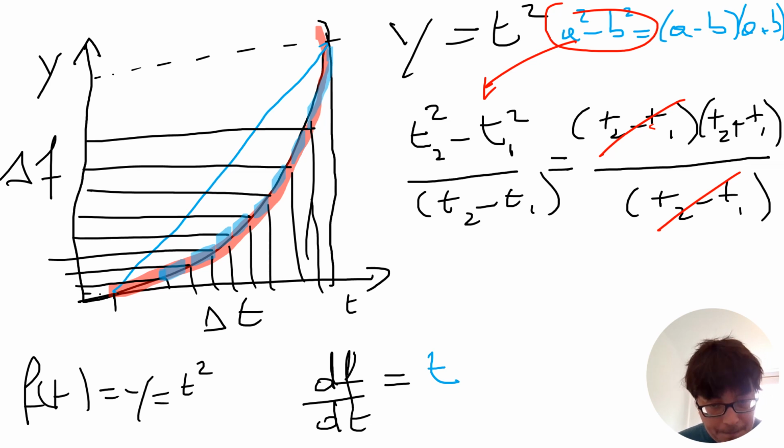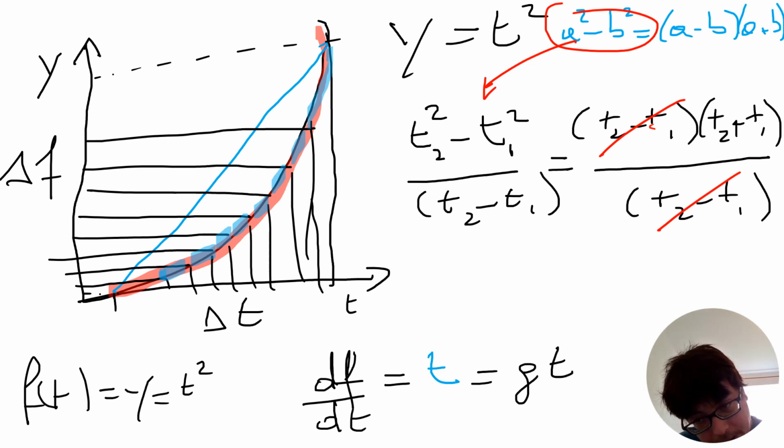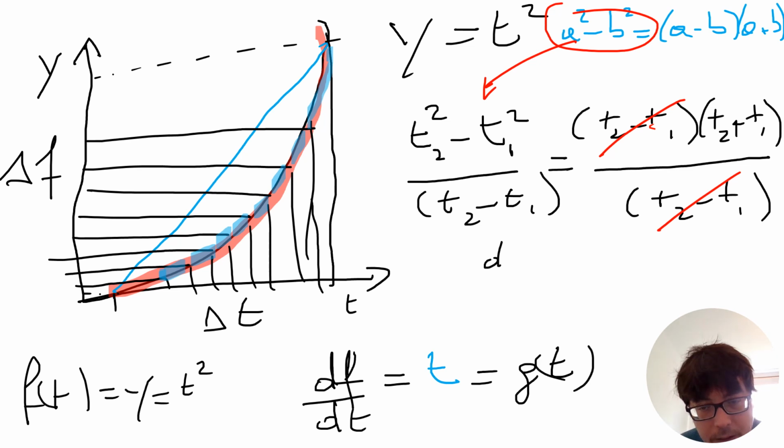In fact, we called this function g of t in the slide before, and we know the derivative of x squared, if you remember from school or whatever, d of x squared over dx is equal to x.